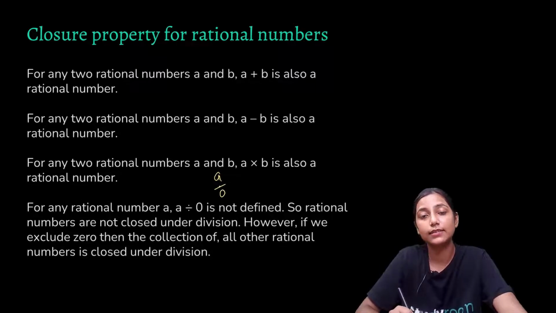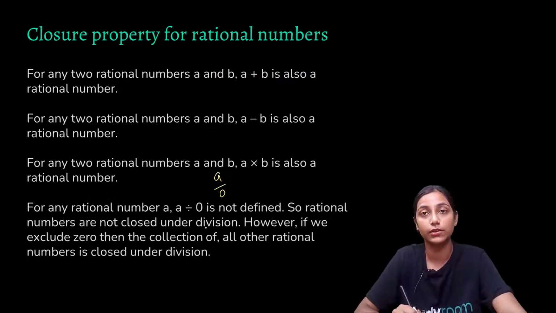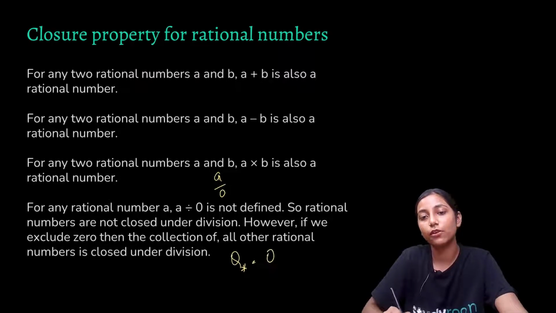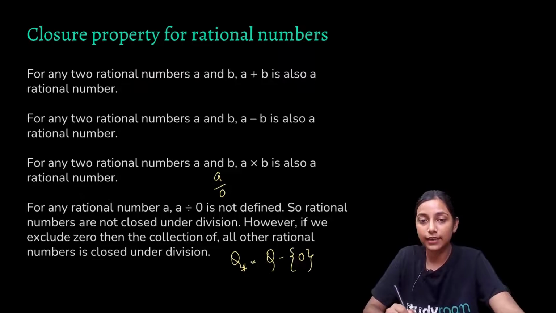In that case, this number is not defined and we can say that rational numbers are not closed under division. But if we take this set Q star, which is the set of all rational numbers from which we have excluded 0, then we can conclude that on this set, division will be closed.